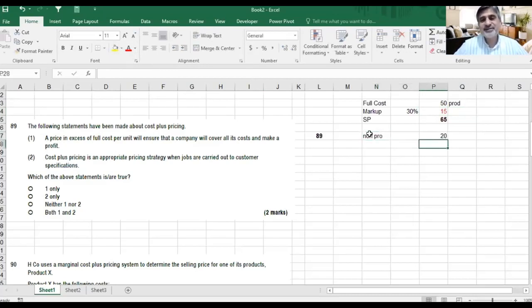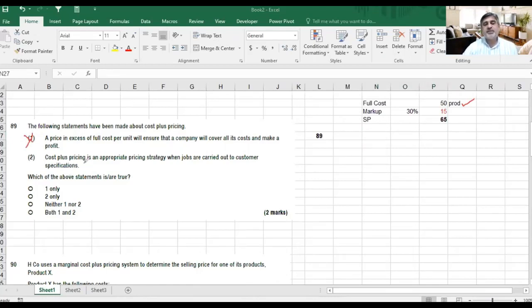Then you are in loss because you will make $15 markup, but then $20 you will pay for non-production. You will end up making a loss. So cost plus pricing does not ensure it. Because cost plus pricing does not include non-production costs, it only makes sure that production cost will be recovered. For non-production, there is no guarantee. Therefore, this one is wrong.